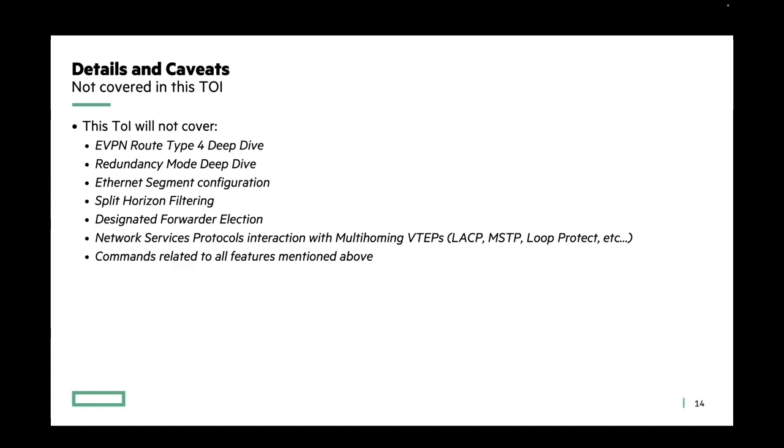We will have an overview of the EVPN route type 4, redundancy mode, and Ethernet segment as well, but we will not go deep into these different topics. Why? Because those capabilities are related to the ability of a device to originate RT1 and RT4, which is not the case with this release or with phase 1.